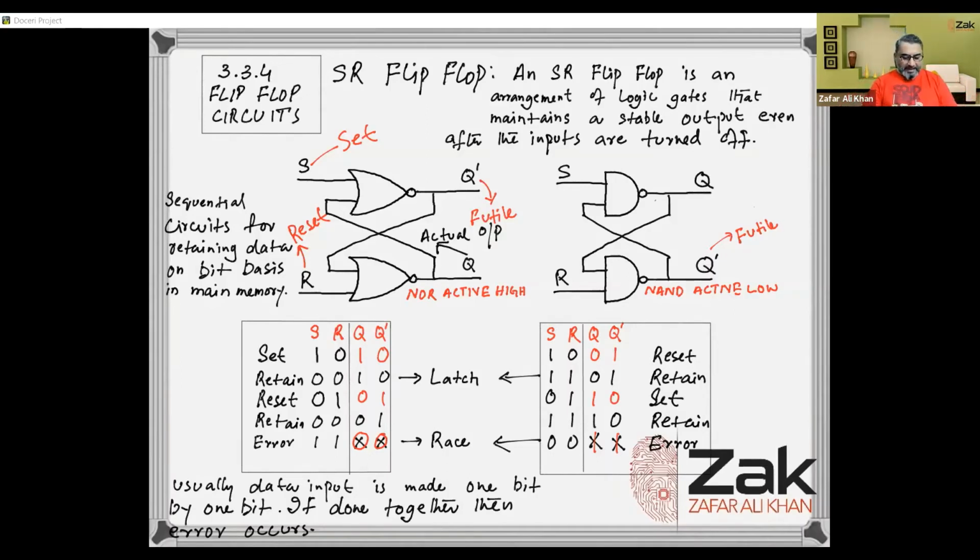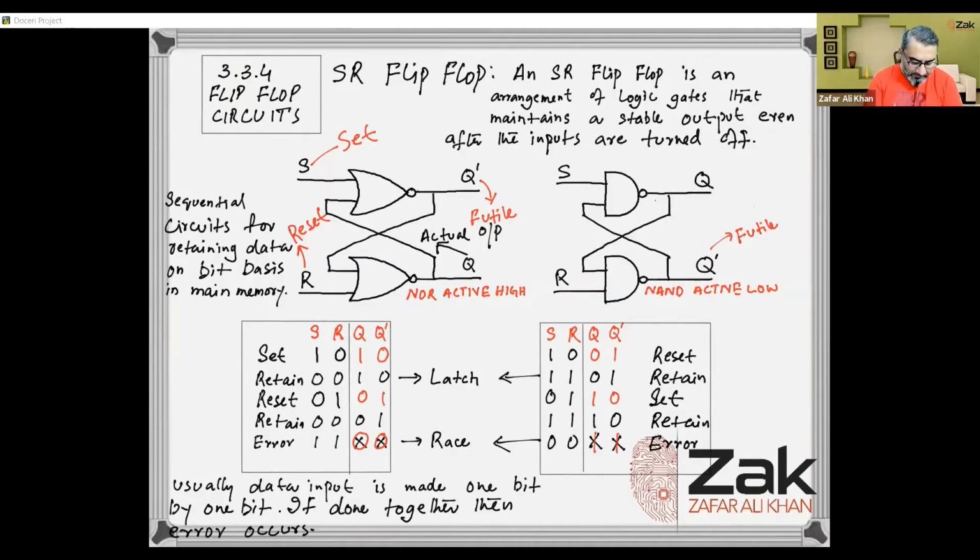So examples of sequential circuits include flip-flop circuits. Now in this particular chapter, we will consider two types of flip-flop circuits, SR flip-flops and JK flip-flops. What you are looking at the moment are SR flip-flops.